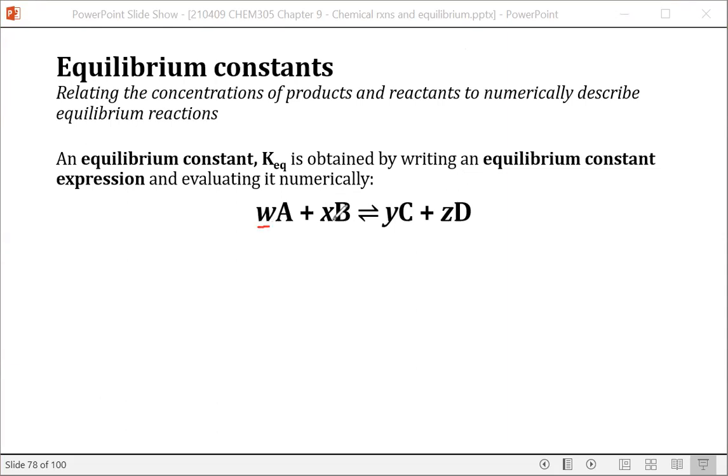So let's just point this out. These are the coefficients. And then these are your reactants, A and B, and your products are C and D with their balanced coefficients in front.